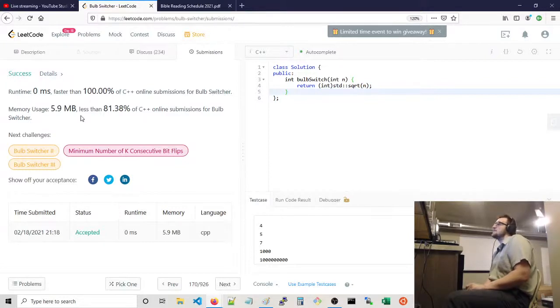There's actually a better function to calculate the square root of n than this. This works fine because n is relatively small and you don't have floating point errors.